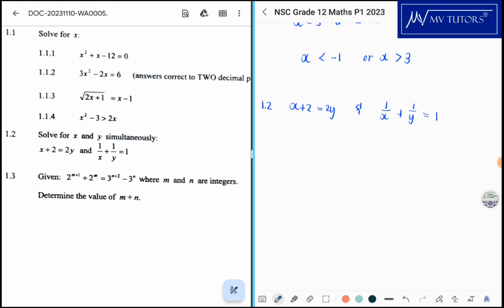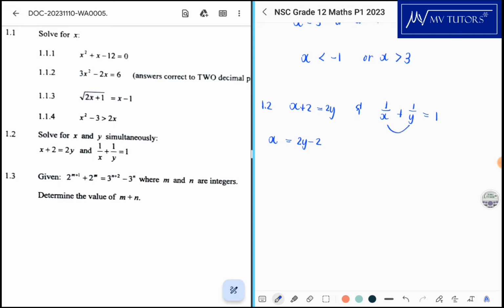While we're at it, let's write everything in terms of x. So then we have x is 2y minus 2. With our second equation, let us work rather with no fractions. If you have a fraction like this, I know sometimes students struggle with fractions.